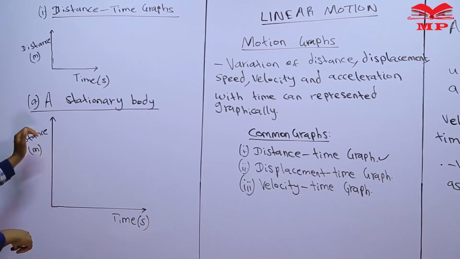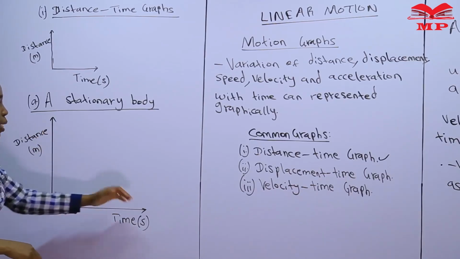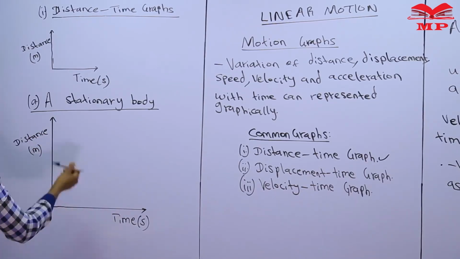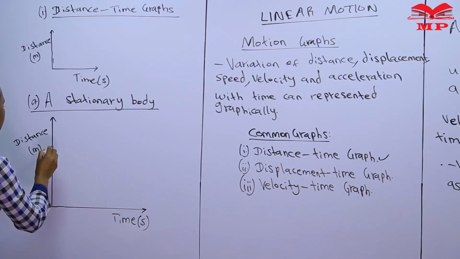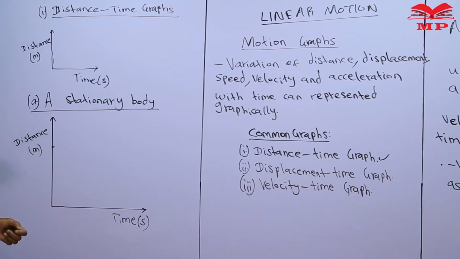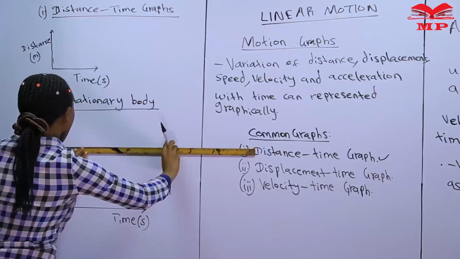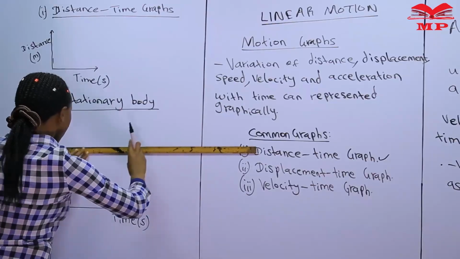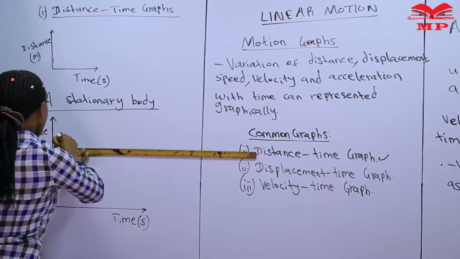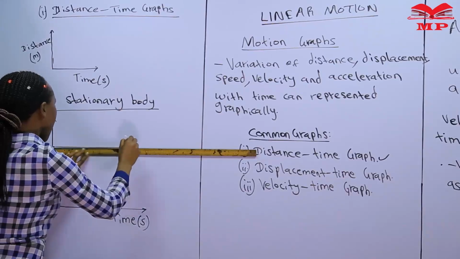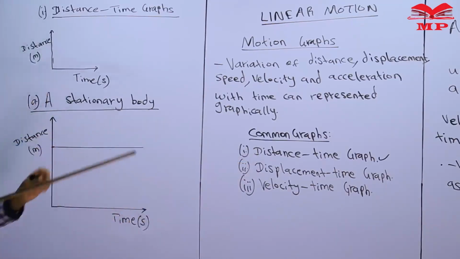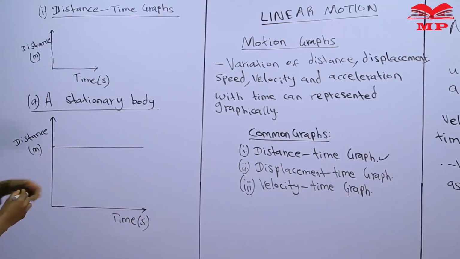The distance does not change, but time will keep changing. So let's say the distance initially is at that point, we are going to have a line that is parallel to the time axis. So that's what we have for a body that is stationary.